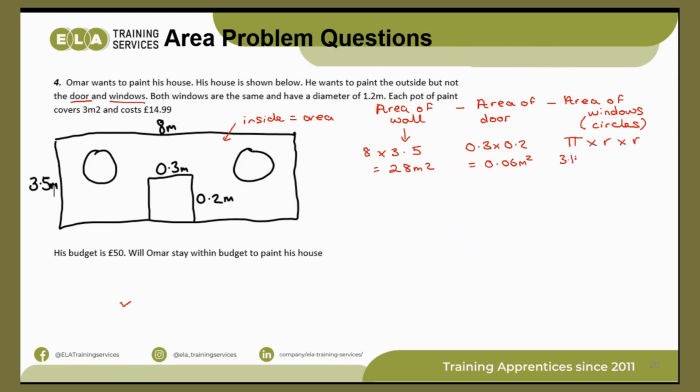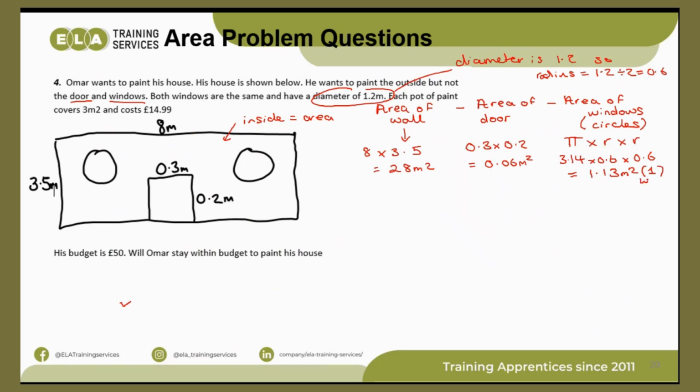So 3.14. Do we have a radius in our question? No. The diameter is 1.2. So the radius is 1.2 divided by 2, which is 0.6. So times 0.6 times 0.6 gives us 1.13 meters squared, and that is for one window.